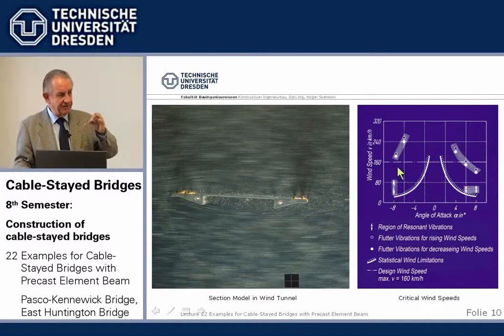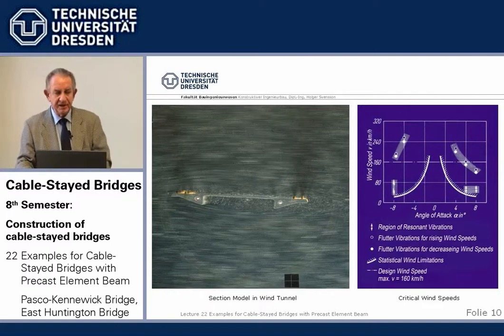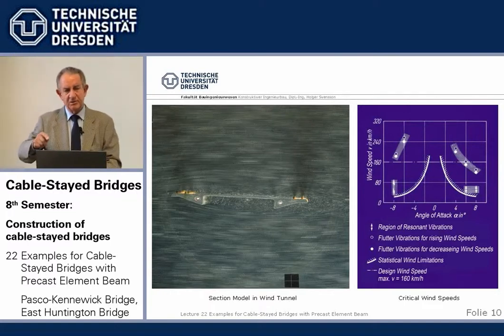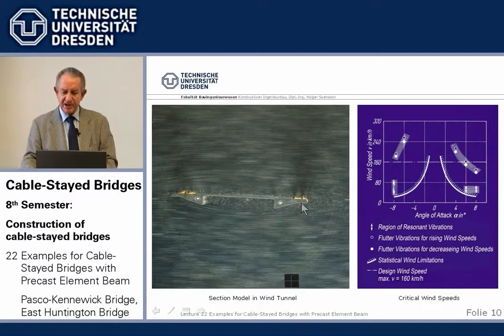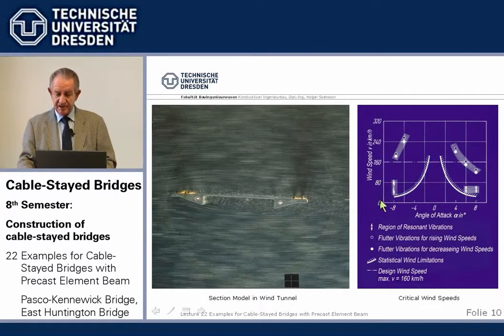The one is flutter, what Tacoma went down with. And the other is vortex shedding, where these vortices form behind the bridge and act as forces, and if it's in resonance with the eigenfrequencies, it can go up. And we have here the wind speed.